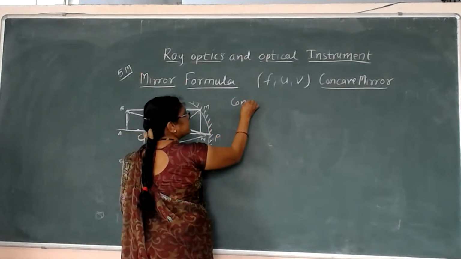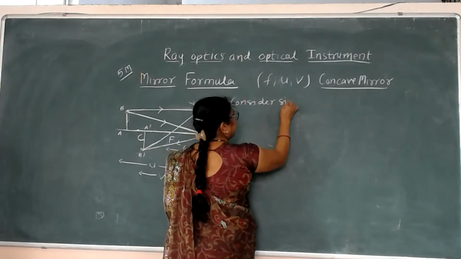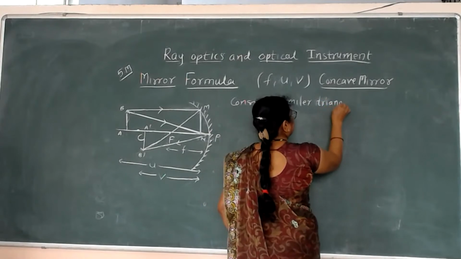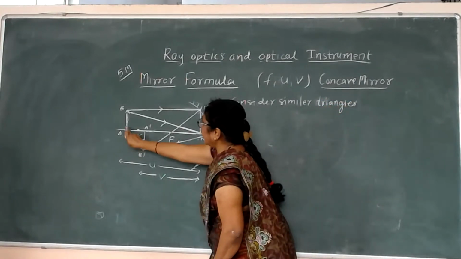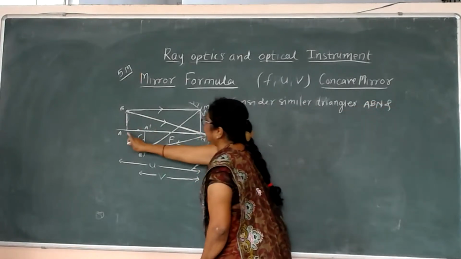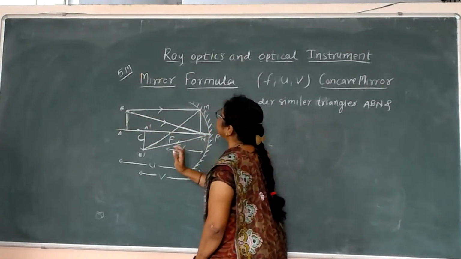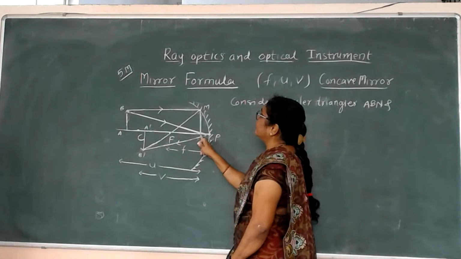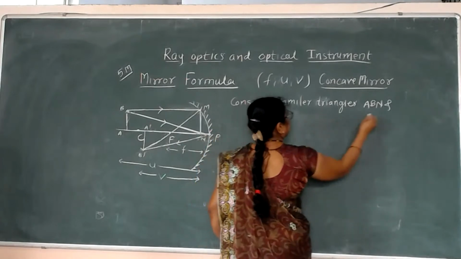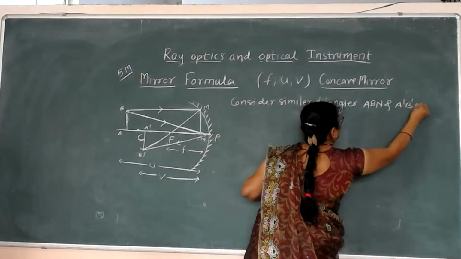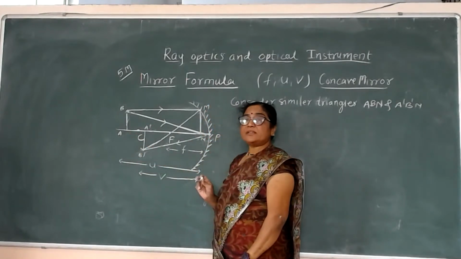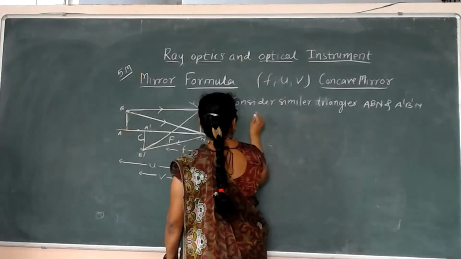Consider the similar triangles: ABP, and another triangle, A dash B dash P. Consider both similar triangles and compare the similar sides.